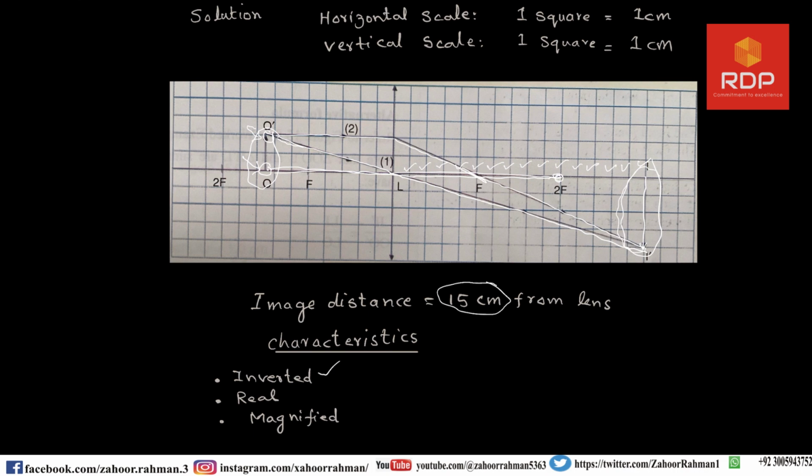The second characteristic is real. What does it mean? If you put a screen at the point where the image is formed, you will see a clear-cut image, so it is a real image.